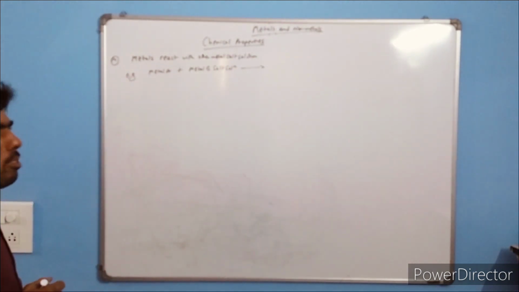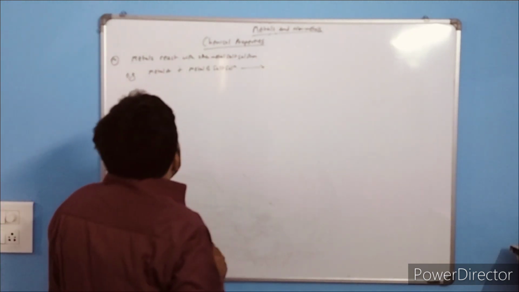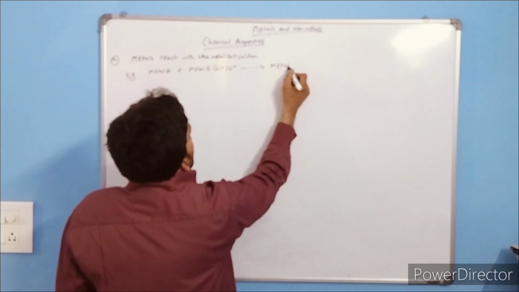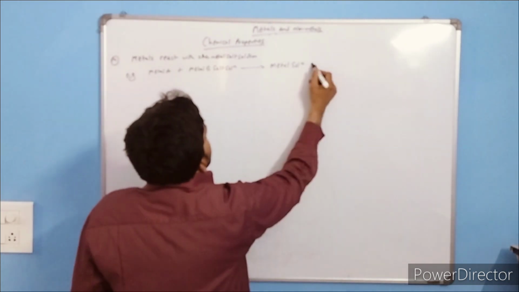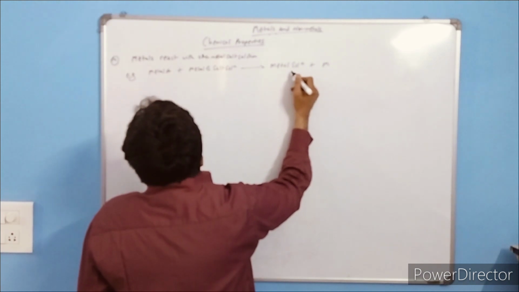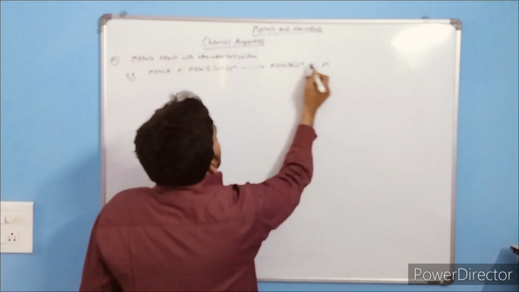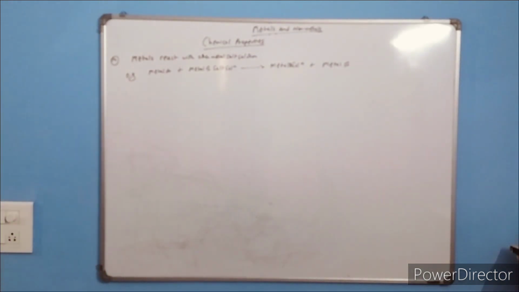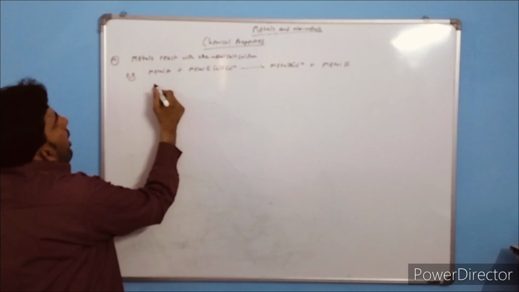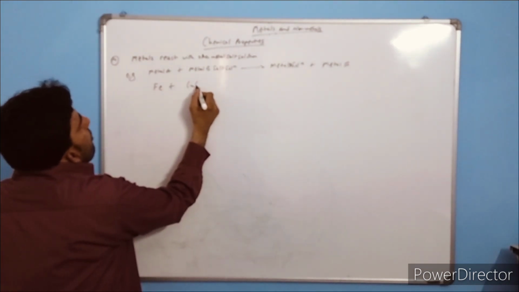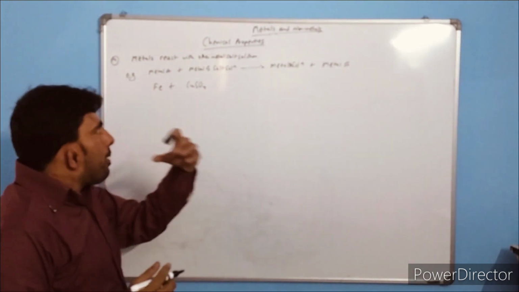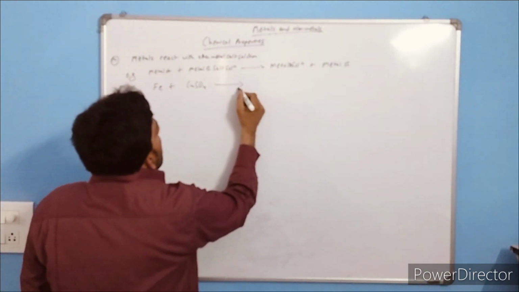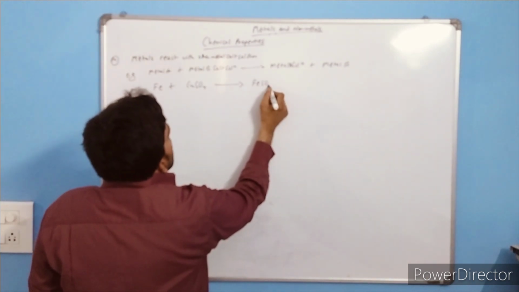What I get here is metal A salt solution plus metal B. For example, we have discussed also when iron reacts with copper sulfate solution. When iron nails are dipped in the blue copper sulfate solution, what will happen? It will form like this.